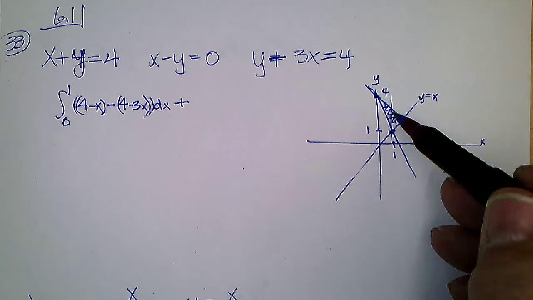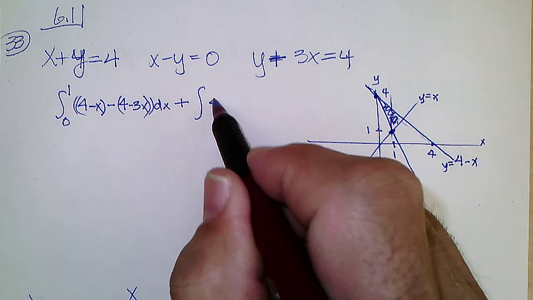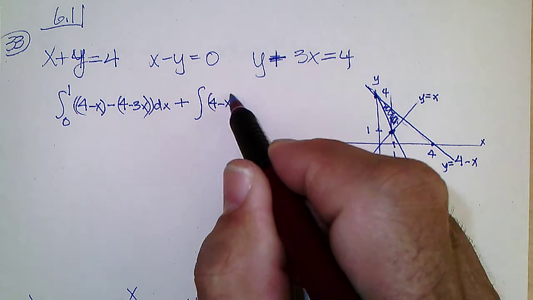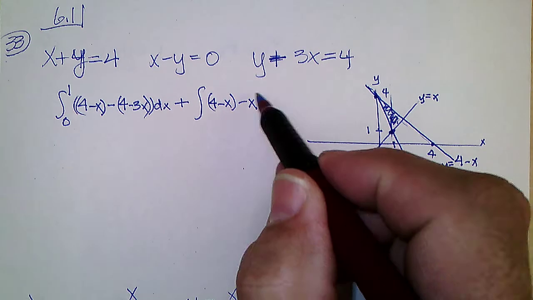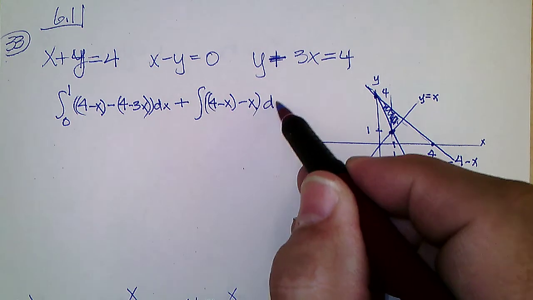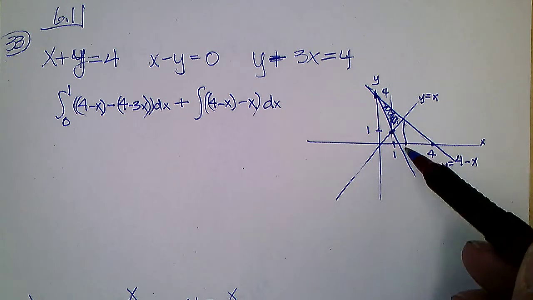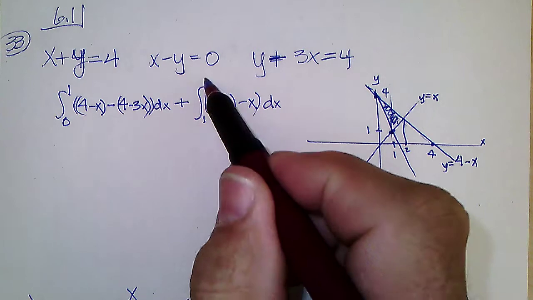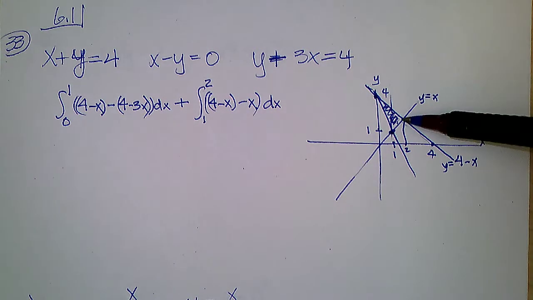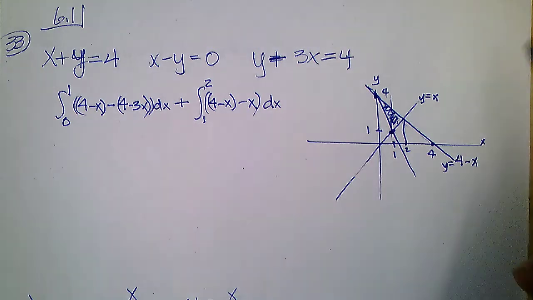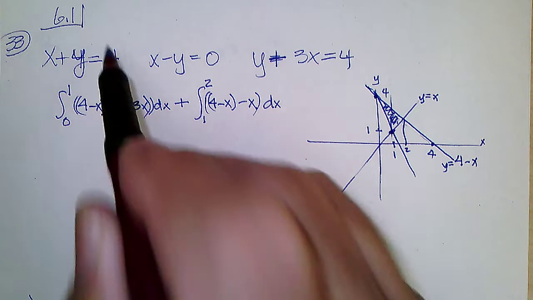Plus, then the area in here, the top curve would be 4 minus x minus the bottom curve, which would be x. And that would be from 1 to 2, where those intersect. And you can check that out. We could put 2 into here and we get (2, 2). And I believe if we put 2 in here and 2 in here, we get 4.